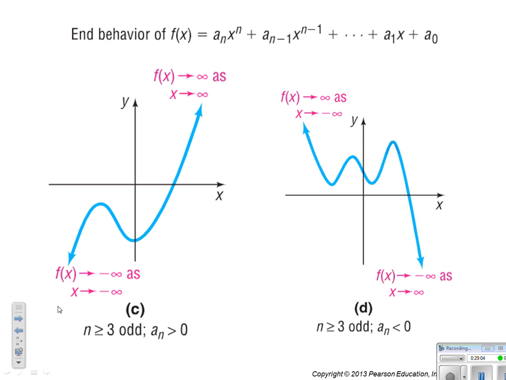An odd function will shoot down towards negative infinity as x gets more negative, and shoot up towards positive infinity as x gets more positive, unless your coefficient is negative, and then it's reversed.